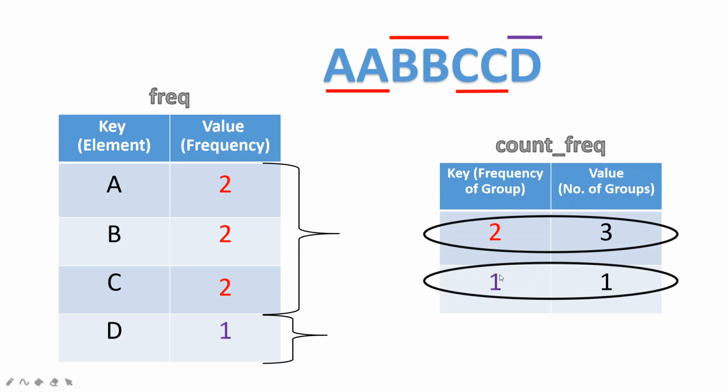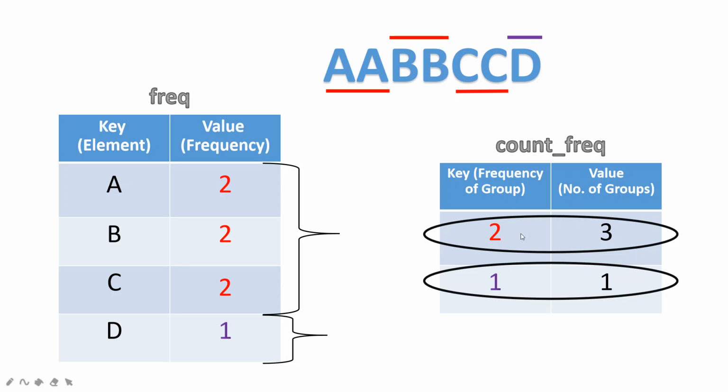Virtually, this count frequency hash map is a summarized view of the whole string or the whole array, or the frequency hash map, right? And it is because we grouped the elements based on the frequencies.